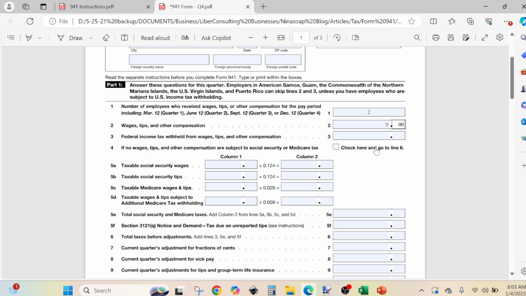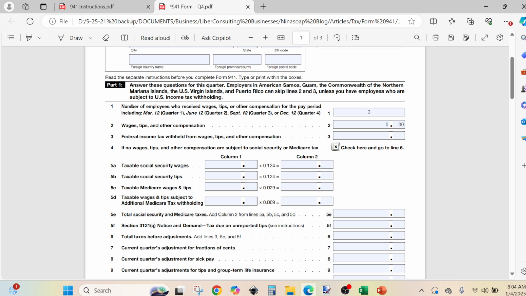Then it's going to be blank, assuming you didn't pay wages. So the first part of this video is going to be to complete Form 941 as if you didn't pay wages during quarter 4. So line 4, if no wages, tips, or other compensation are subject to Social Security, you check that box. So we are going to check that box to skip line 5 and go to line 6.